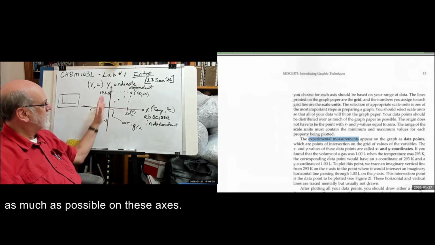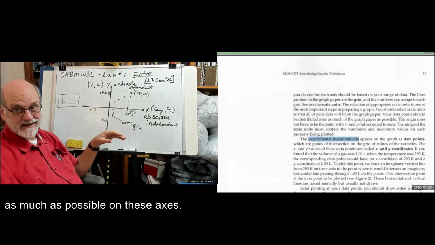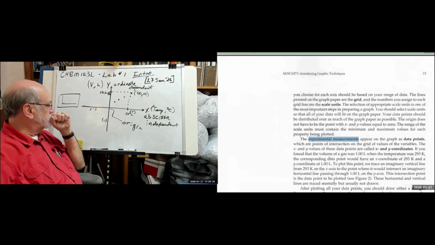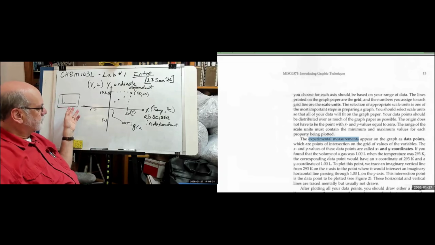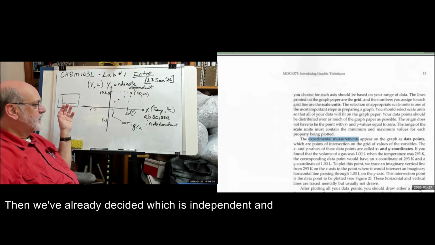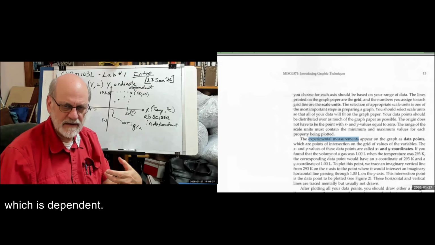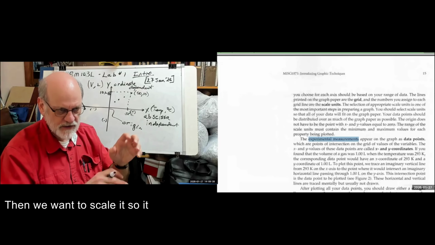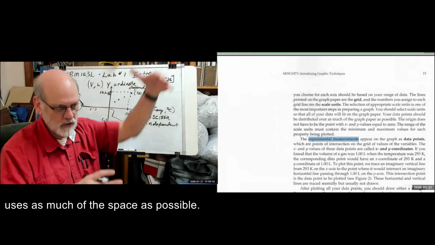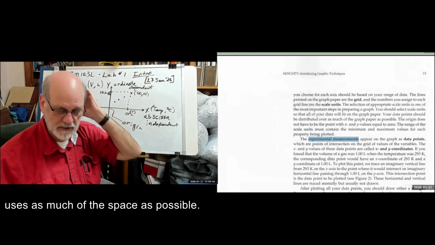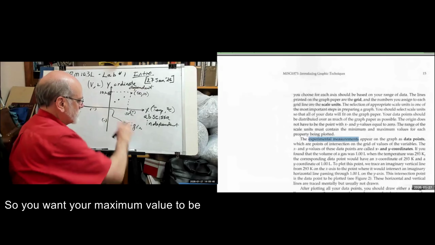So you try to spread your data out as much as possible on these axes. Then we've already decided which is independent and which is dependent. Then we want to scale it so it uses as much of the space as possible.